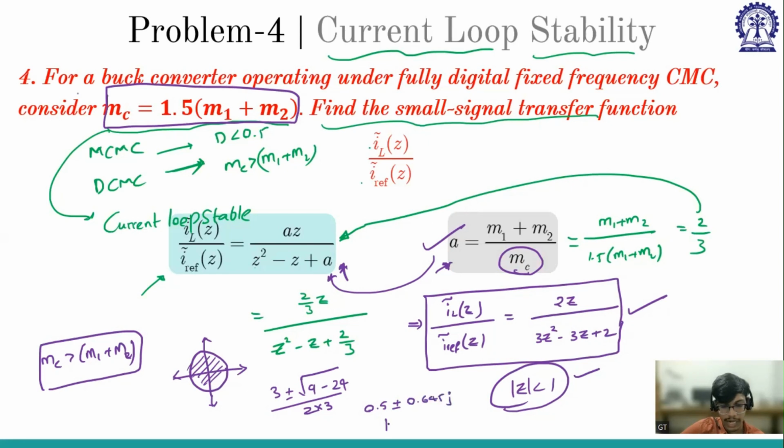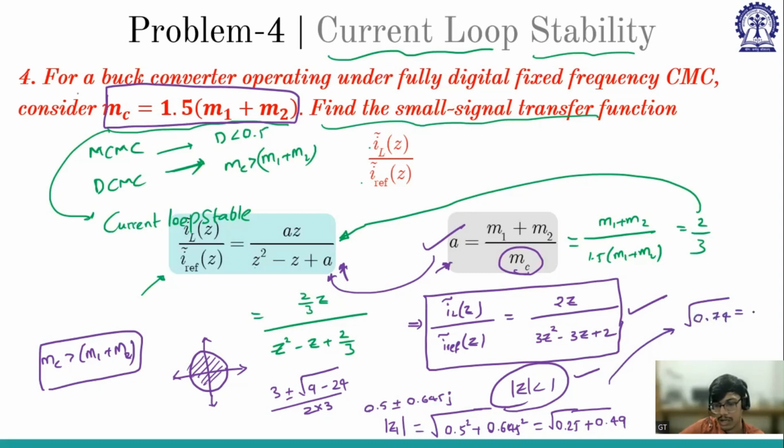So now you have to calculate the mod Z1 or mod Z2, which is the square root of 0.5 square plus 0.645 square. So 0.5 squared is 0.25, and even if you take 0.7, it will be 0.49. So that will give us 0.74. So it is less than, I would say, 0.9. So it is less than 1, so it is lying inside the unit circle.